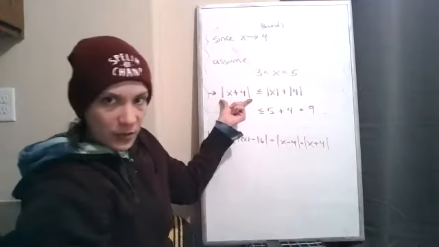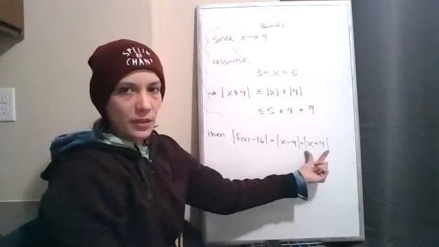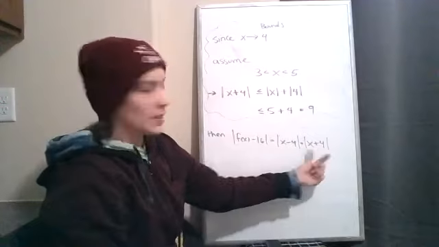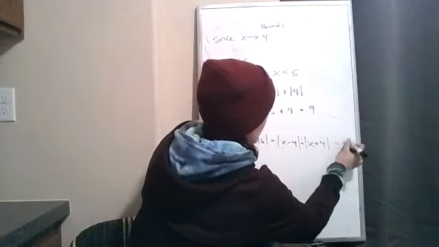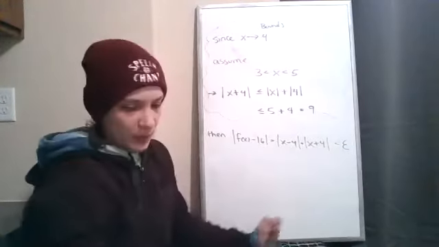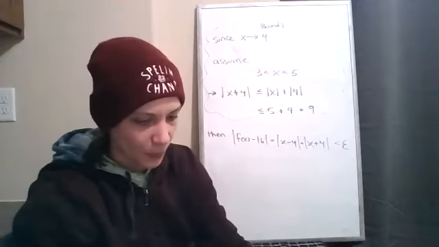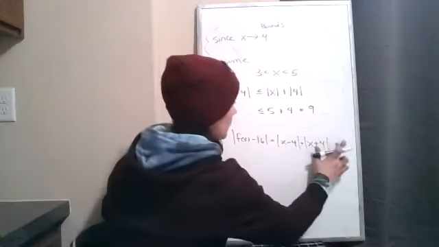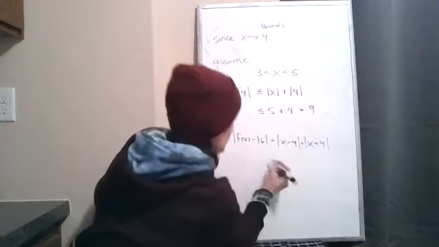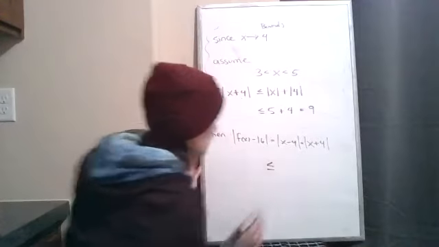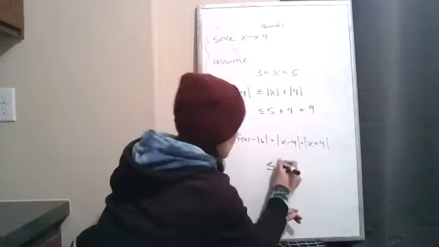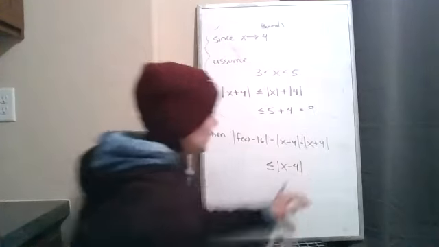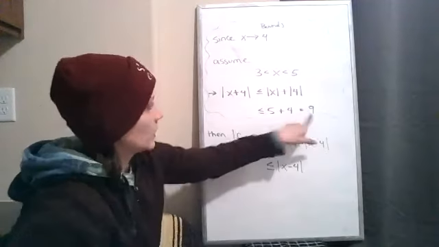Okay, so for absolute value of x plus 4, we've put some bounds on it. We want all of this less than epsilon. Let me make sure I got this clear. This would be less than or equal to absolute value of x minus 4. And for this one, we've got less than or equal to 9.